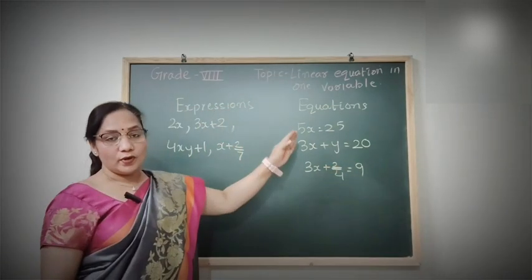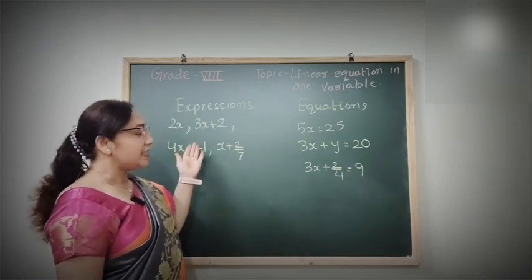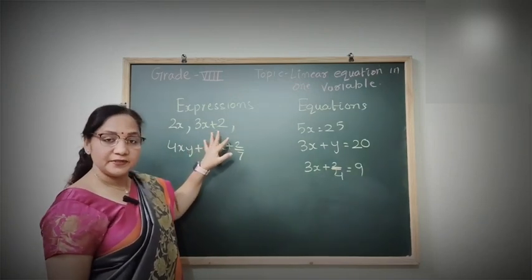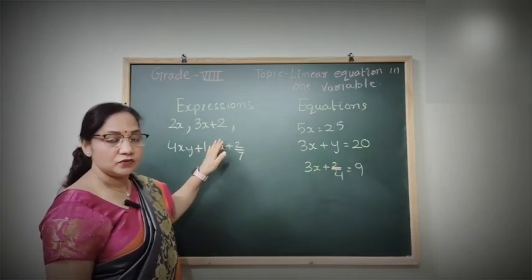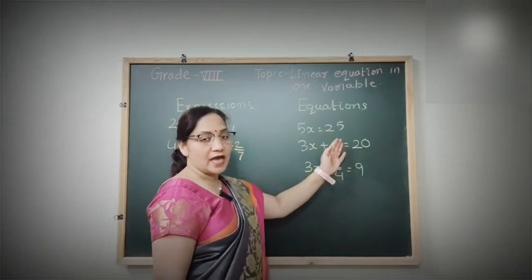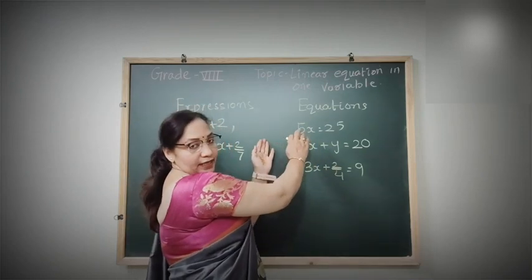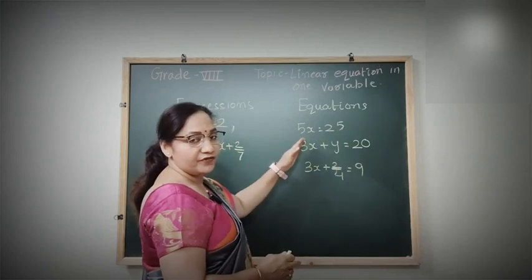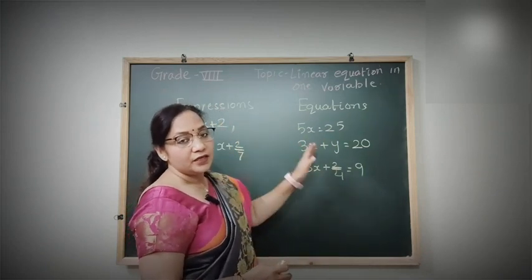These are called equations. Okay, what is the difference between expressions and equations? Expressions we don't have an is equal to sign. Expressions में कोई is equal to sign नहीं होता है. Equations में we have an is equal to sign. So यहाँ पे एक right hand side होता है, एक left hand side होता है और is equal to sign होता है. This is how we can differentiate expressions and equations.